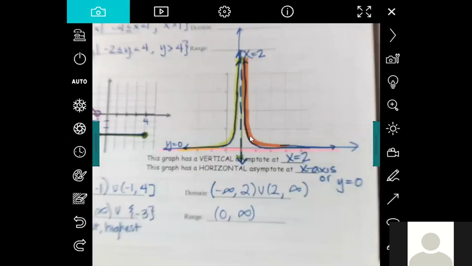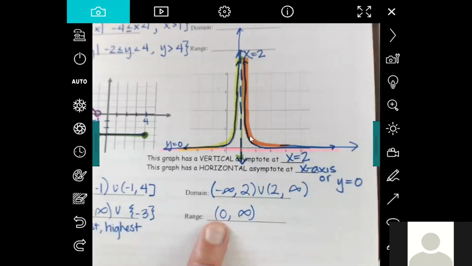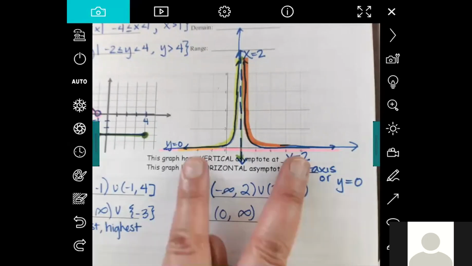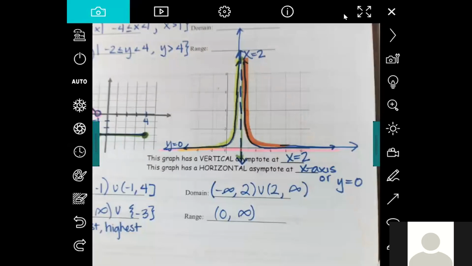It goes to the x-axis, so 0, which is the lowest point over here. And then how high does it go? To infinity. Yes, which means that the orange and the yellow pieces have the same range, so I don't have to list it twice. The only time you'd list one for each is if they were different and they added a new section to the graph. But since they both have the same lowest point and the same highest point, you wouldn't have to put anything there. Okay?